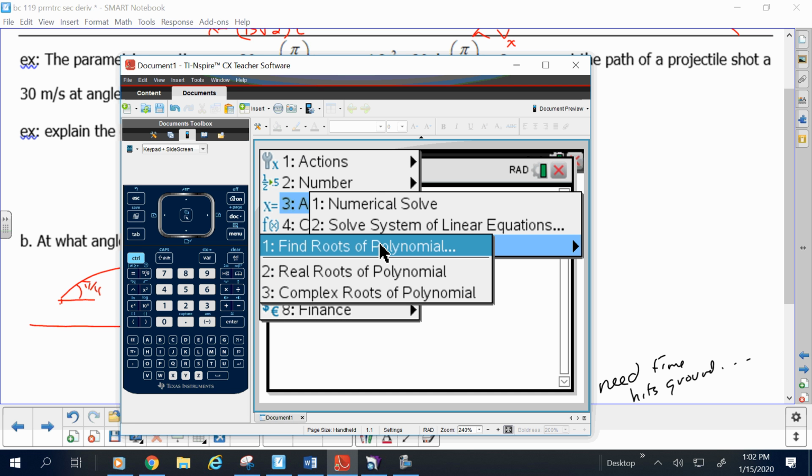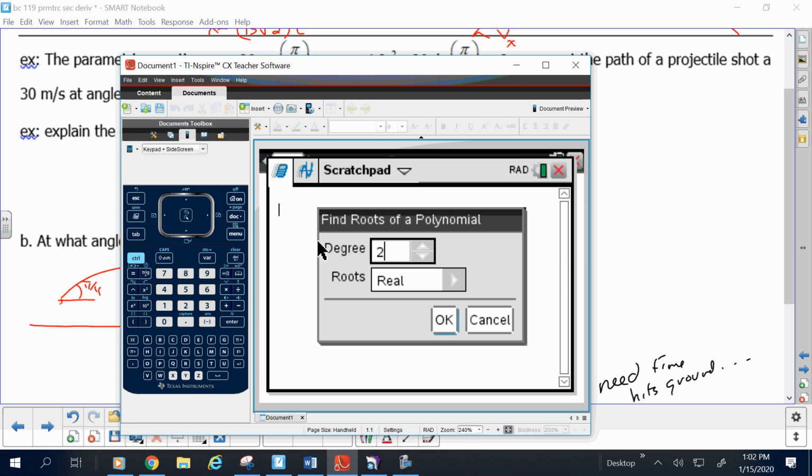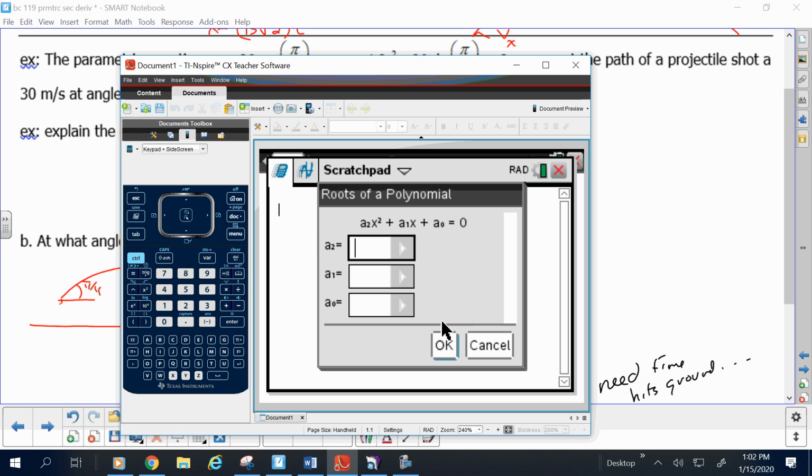Is this one? Three, two, yes. Negative 4.1. What is it? 15 root 2, 15 root 2.